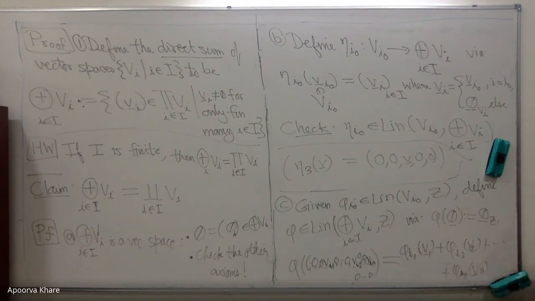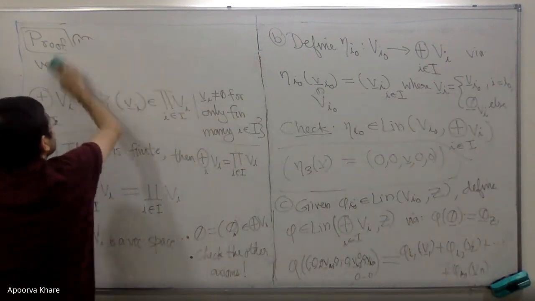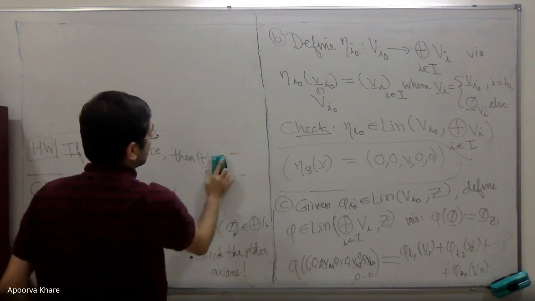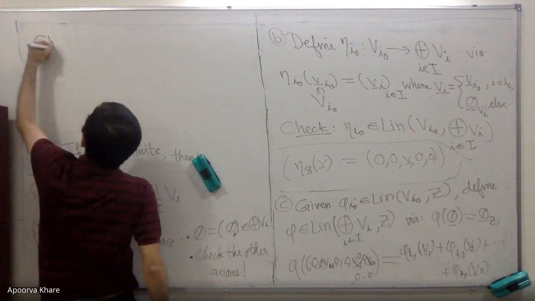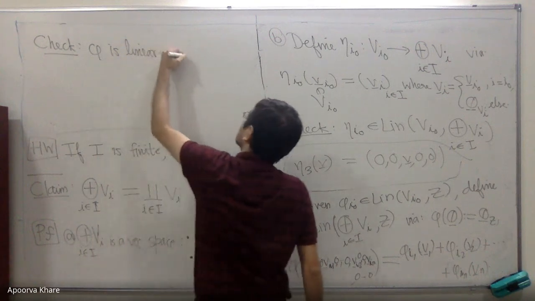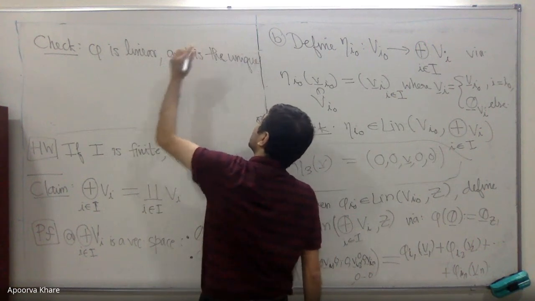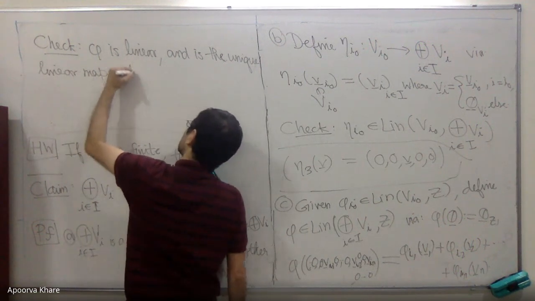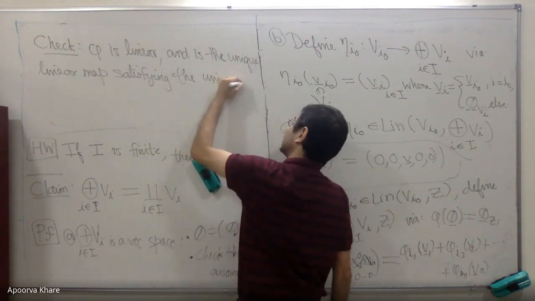Once you have this definition, I'll leave it to you to check that this works, that this is a linear map, that it's unique and satisfies the condition. One can check, or somebody can check, that it's a unique linear map satisfying the universal property.